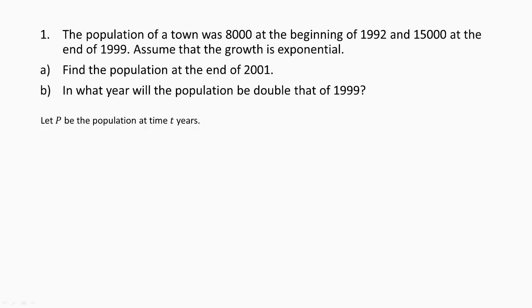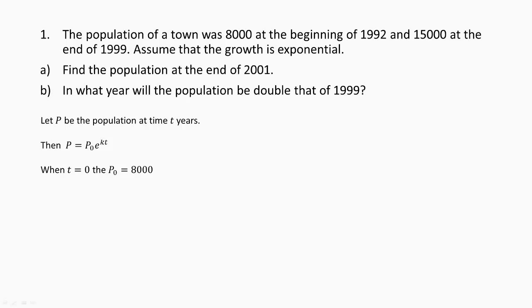We define our variables. Let P be the population at the time t years. Then we substitute that into our exponential equation: P equals the initial value of P, e to the kt. Our first job is to find k.